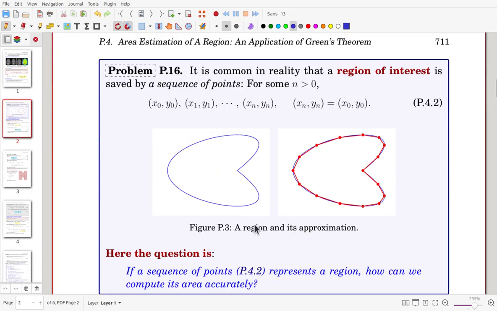In reality, the region of interest is saved by a sequence of points. For example, a region is given in this way.